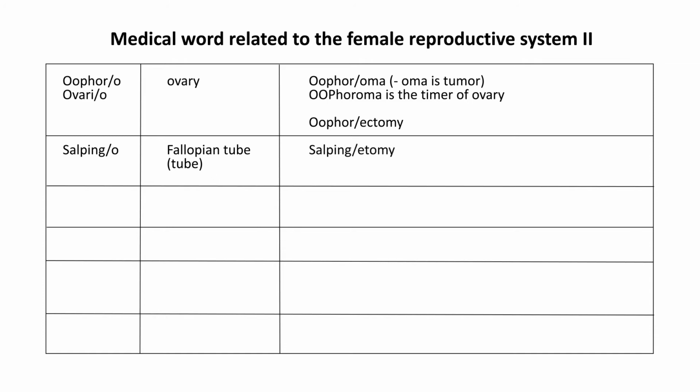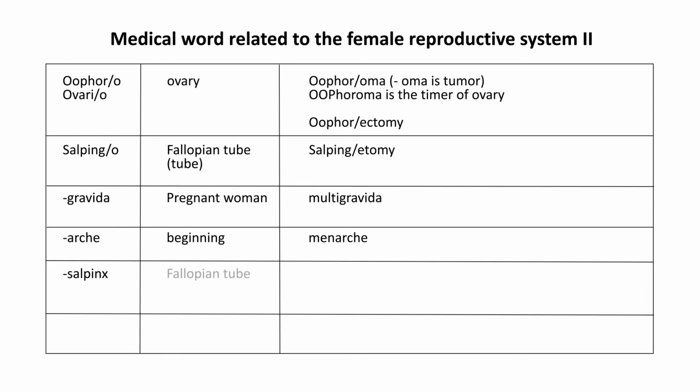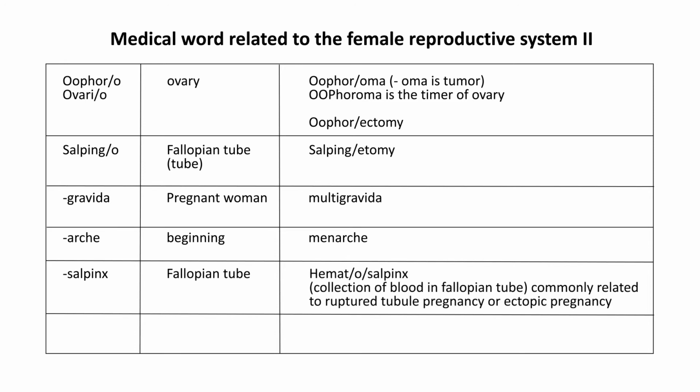Salpingectomy means cutting out the fallopian tube. You may see here also the salpinx. It also means the fallopian tube. So hematosalpinx means the collection of blood in the fallopian tube, commonly related to rupture of a tubal pregnancy or ectopic pregnancy.